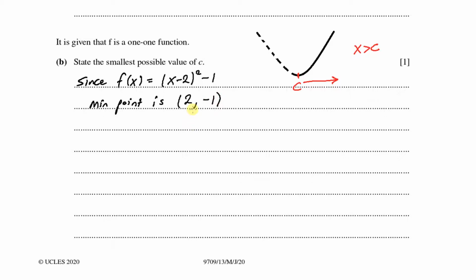So this here is the minimum point of f of x, which therefore means that the domain is defined for values of x greater than c, where c is the minimum x value. So x should be greater than the x value here, which is 2, and therefore the minimum value of c should come out as 2, and that's the answer here to part B.